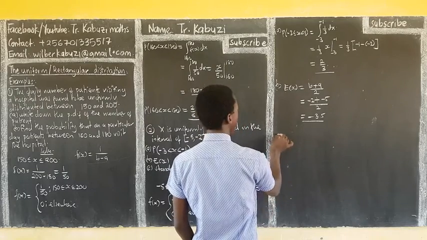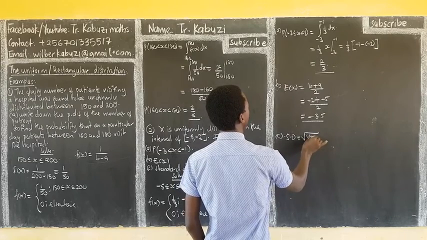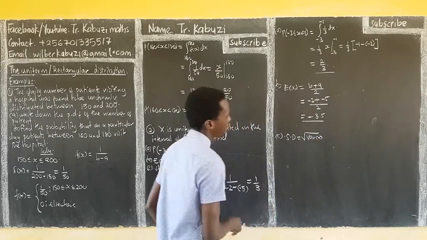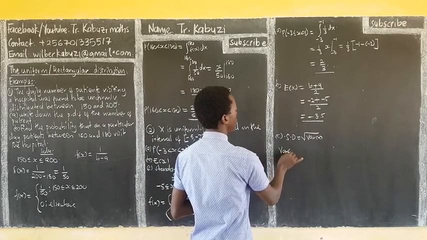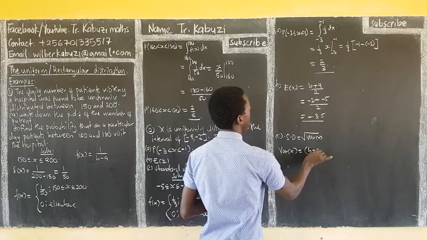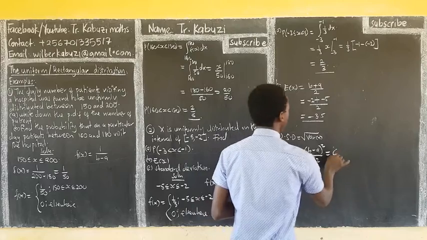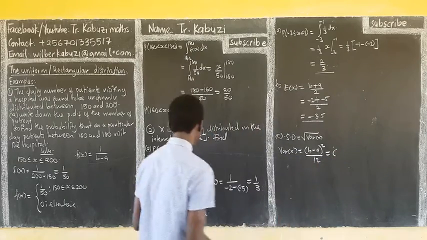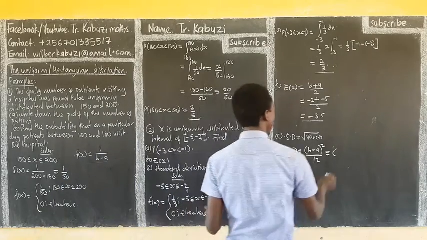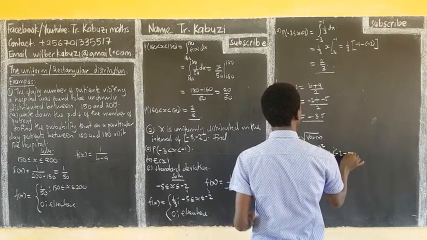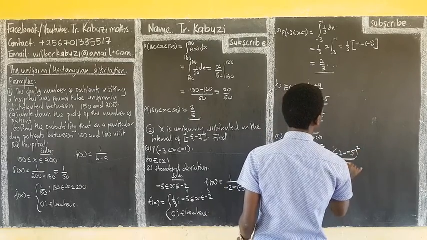Then I want us to get the standard deviation. Remember our SD is the root of the variance of x. So how do we get the variance? The variance of x is given by b minus a, squared, over 12. Our b is -2, then minus -5, squared, over 12.